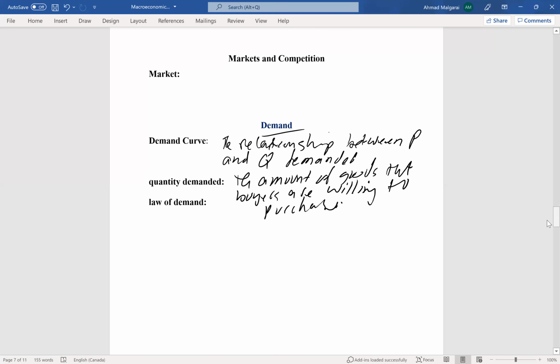And this brings us to the law of demand. So what's the law of demand?